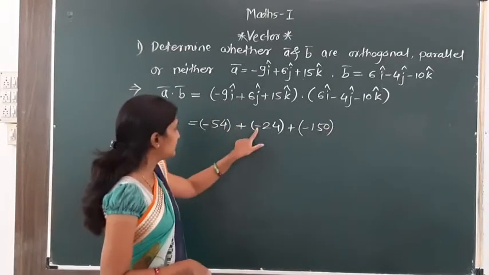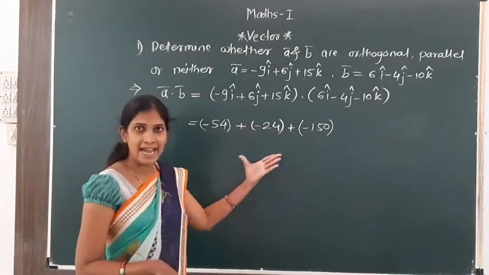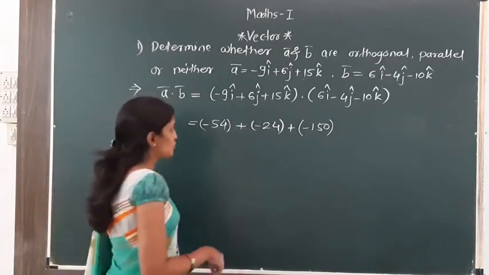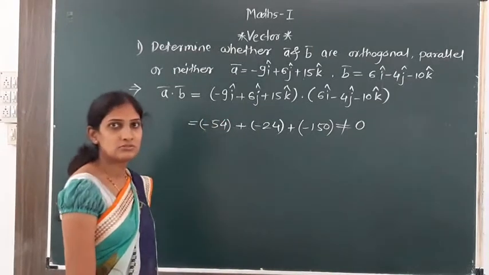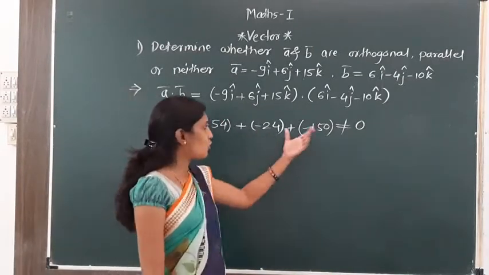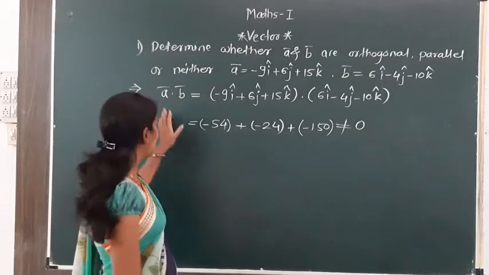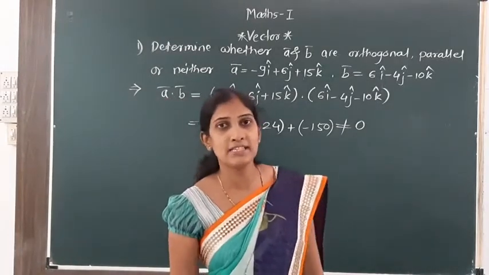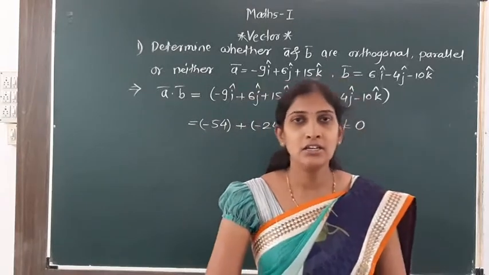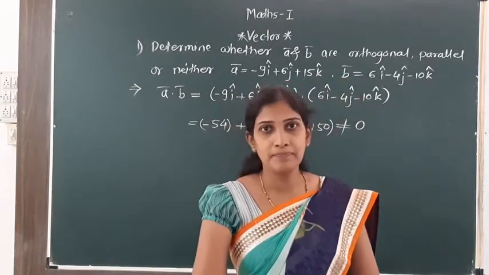Here all three terms have a negative sign, so we add these three terms. This value is not equal to 0. Obviously, if A bar dot B bar is equal to 0, then A bar is perpendicular to B bar.